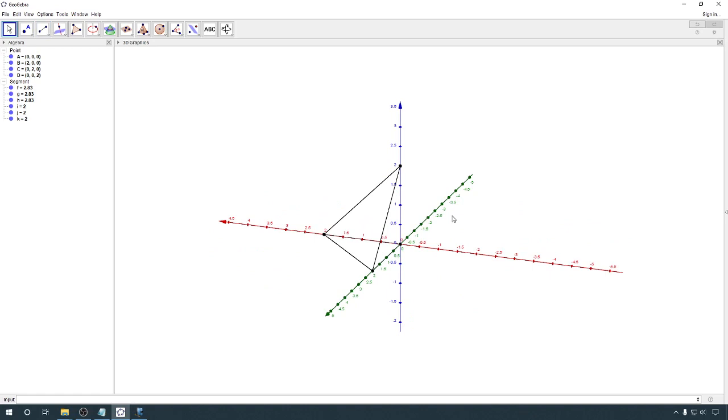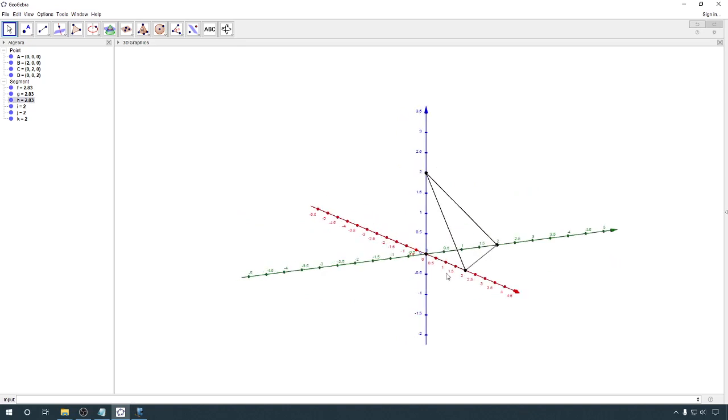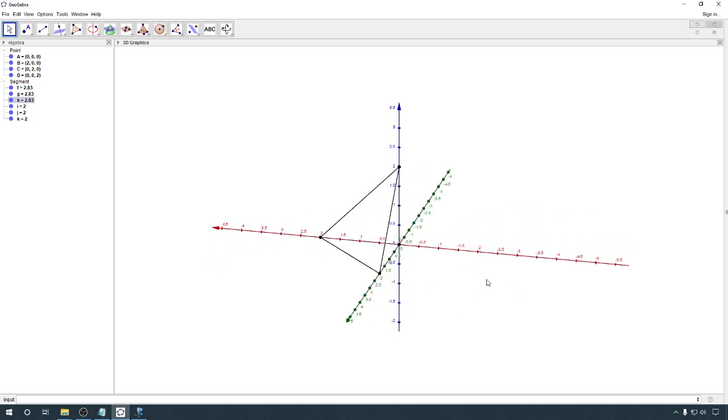So we have this tetrahedron in basically the corner here at the origin. And we want to be able to integrate over this tetrahedron.